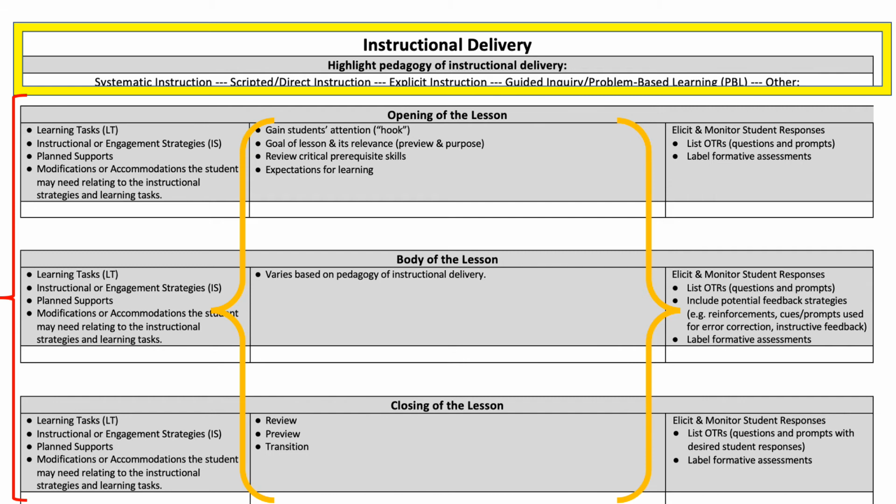Evidence-based strategies aligning with the IEP and our learners' needs will be considered as you choose strategies to support your content, process, and product for each learner.